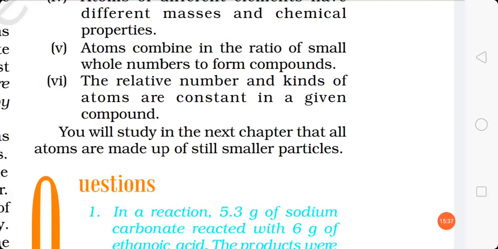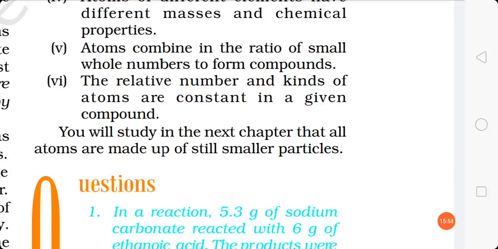So water molecule, when this compound is formed, it is fixed that every time two hydrogen and one oxygen would combine and they will form a molecule. Okay, so here they combine in small numbers.